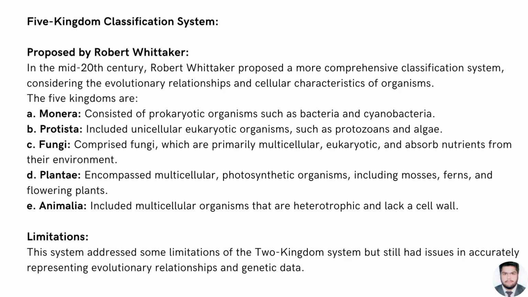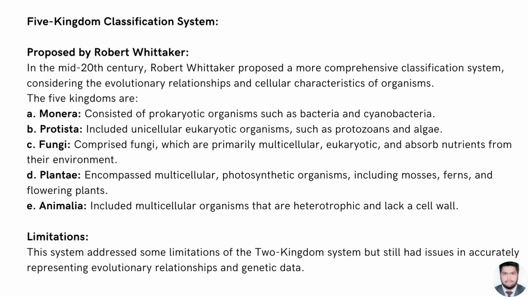Protista included unicellular eukaryotic organisms such as protozoans and algae. Fungi comprised fungi, which are primarily multicellular eukaryotes and absorb nutrients from their environments. Plantae encompassed multicellular eukaryotic photosynthetic organisms, including mosses, ferns, and flowering plants.